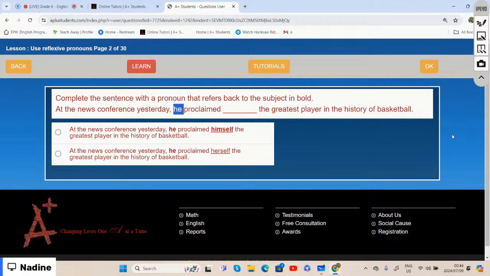So we need to choose the reflexive pronoun that refers back to the subject, which is he. So is it option one, himself refers to he, or option two, herself refers back to he? Which one is correct?